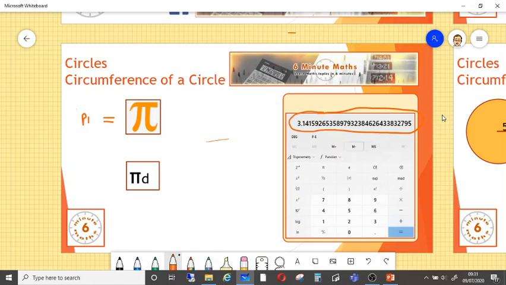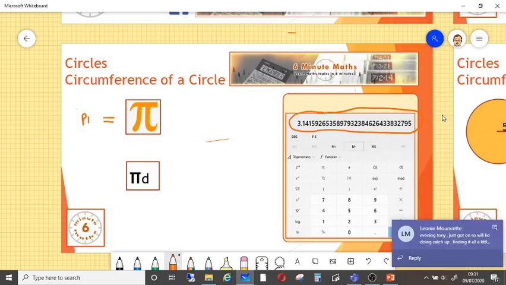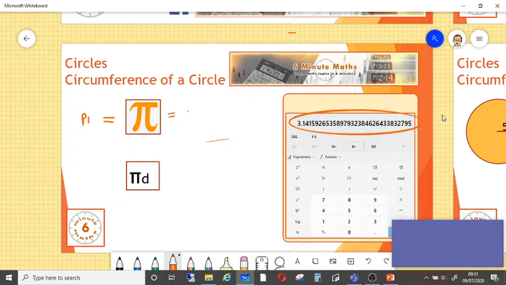Now, if you're doing a GCSE calculator paper, then you would be expected to use that value. However, for functional skills, pi has been shortened to 3.14, so it's just those first three numbers on the screen there.